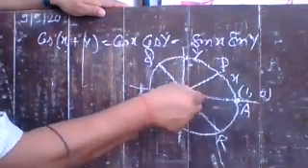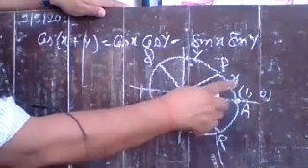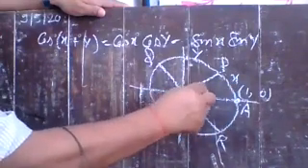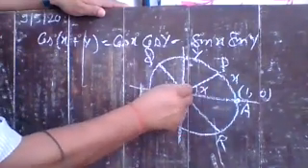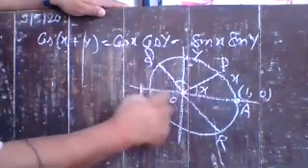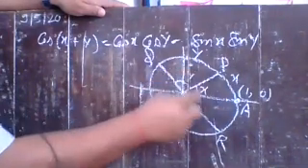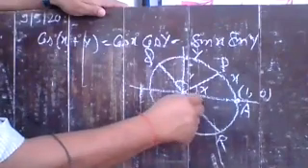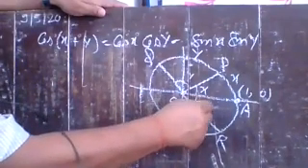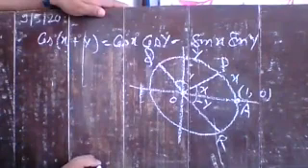If AP arc is x, then this angle is x radian. Here you have y, so angle POQ is equal to y, and here you move in the negative direction, clockwise, so that is taken as minus y.